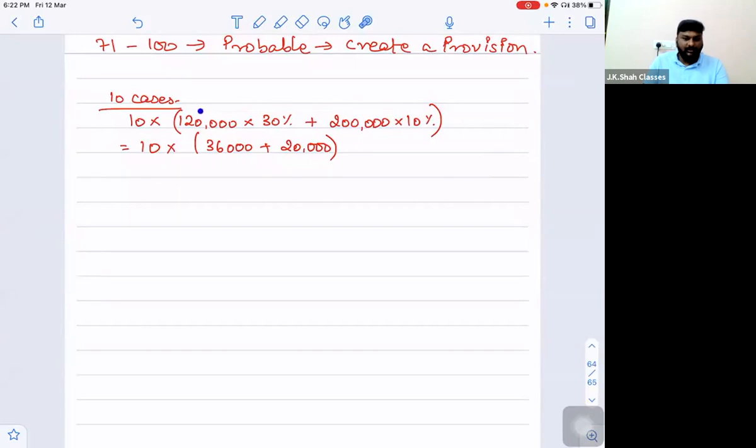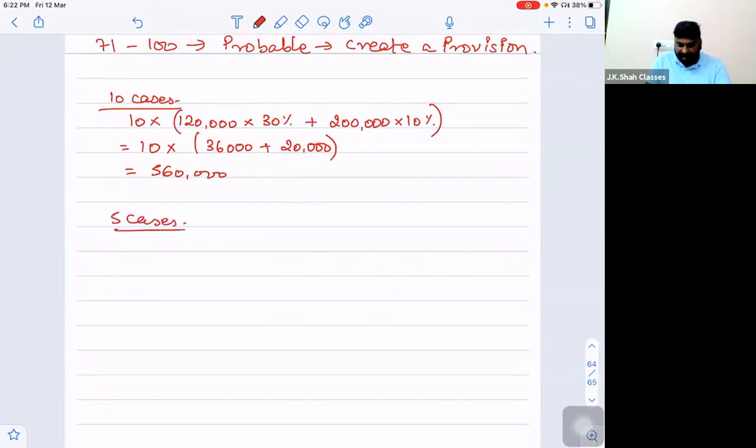So 30% into 1,20,000 and 2 lakh into 10%. So total will be how much? 56,000 loss per case. So for 10 cases, 5,60,000 can be the contingent loss. And this is not a reliable estimate. This is upon the best possible things we can do.